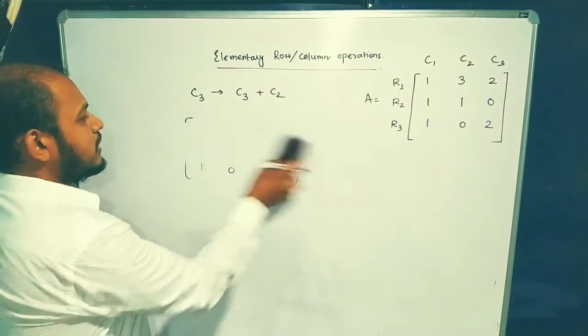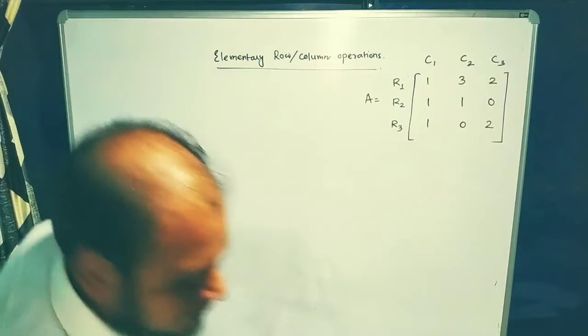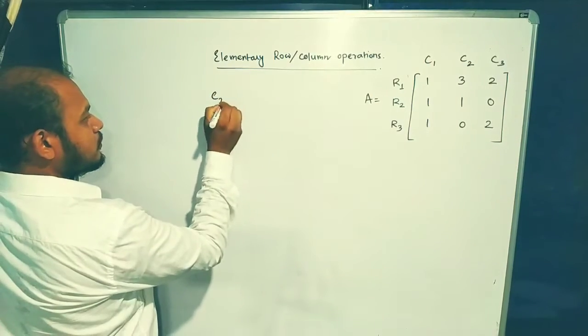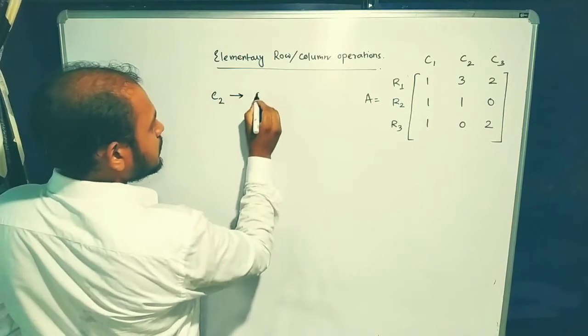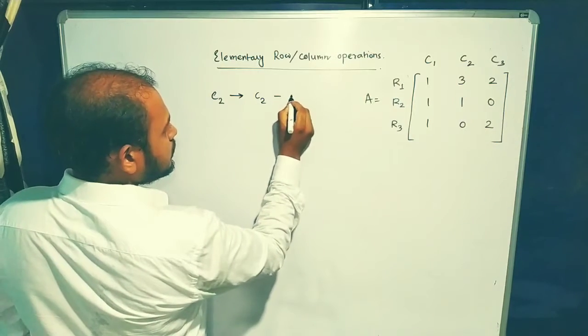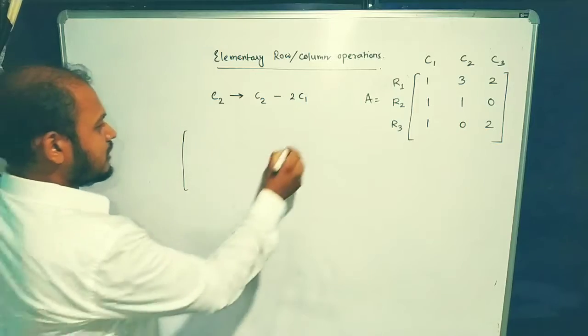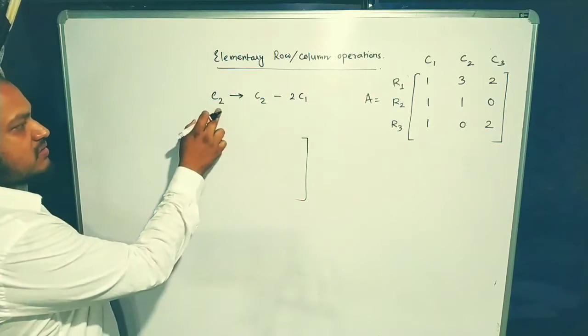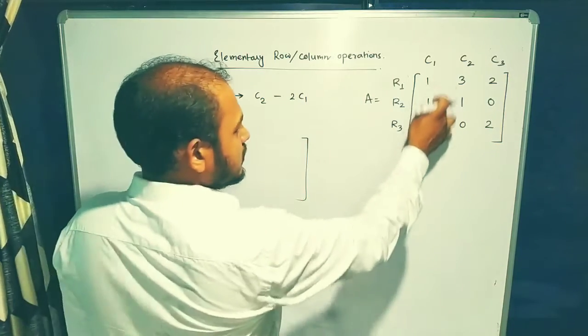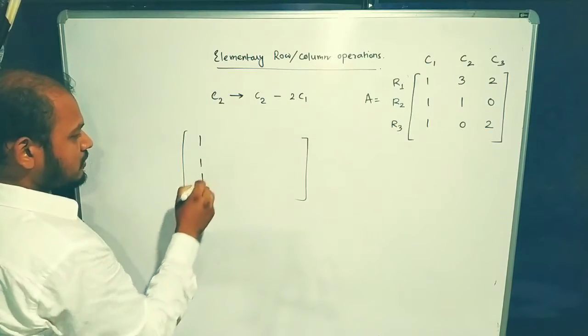Let us look at another example. Let us say changing C2 only to C2 minus 2 times C1. So right away we notice that C1 and C3 are remaining the same. So C1 is 1, 1, 1, it will remain the same.